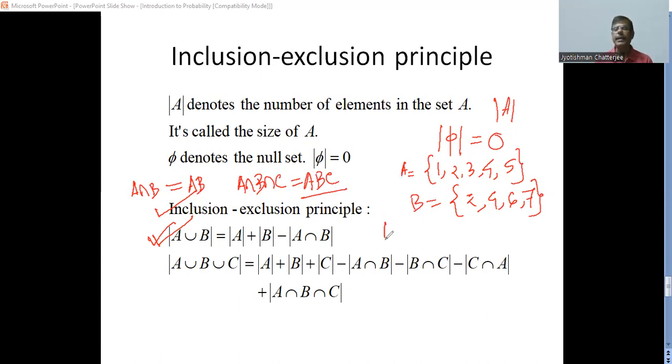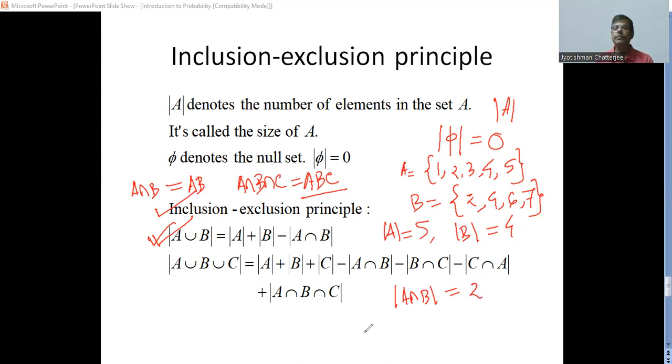So what is size A here? This is 5. What is size B? Here it is 4. What is size A intersection B? What is the set A intersection B here? It includes only two elements, 2 and 4. So the size of A intersection B is equal to 2.